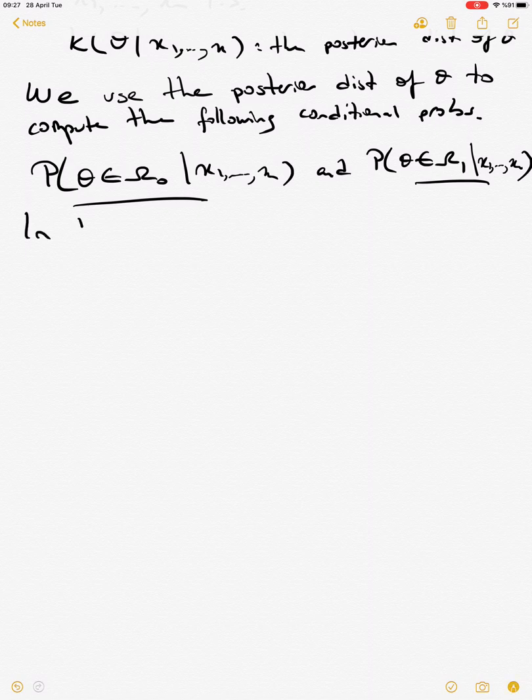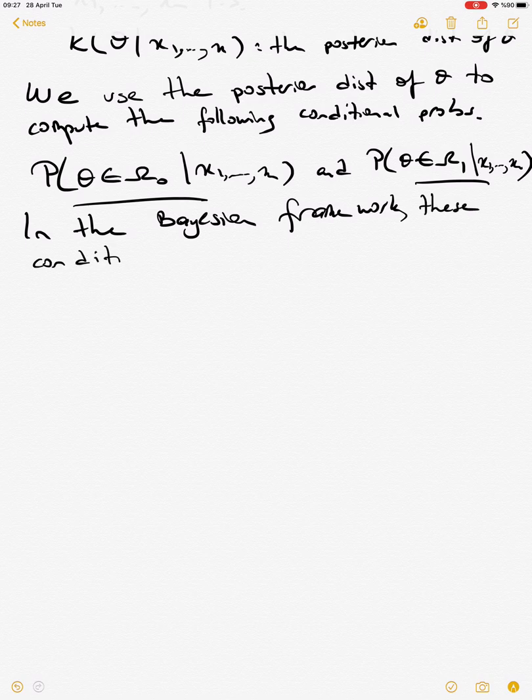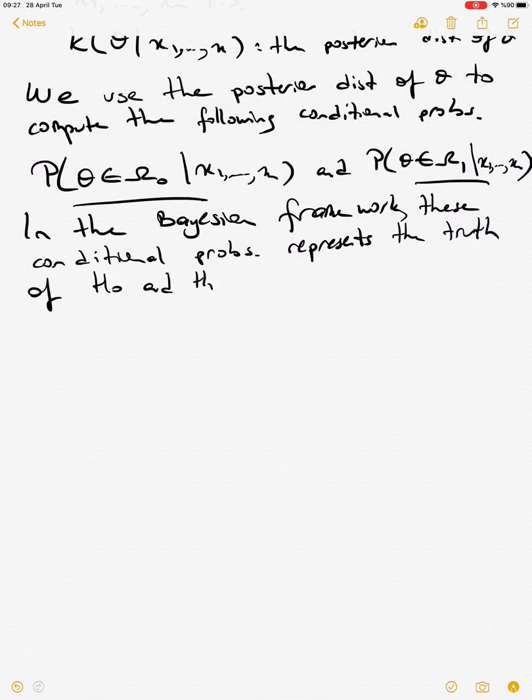So in the Bayesian approach, or Bayesian framework, let's say, these conditional probabilities actually represent the truth of H0 and H1 respectively.